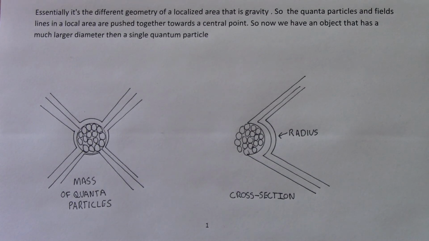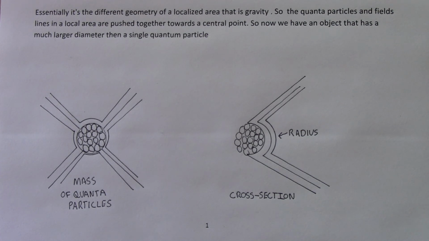Now, it's important for us to understand how particles like electrons are made in order to understand how gravity works, because the process in which these particles are made changes the field in a localized area. And essentially, it's the different geometry of that localized area that is gravity.